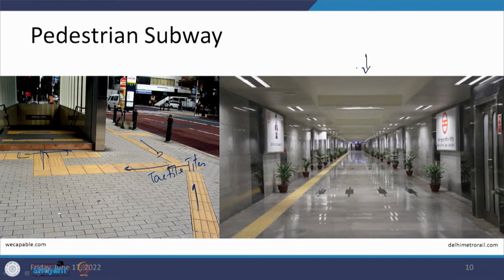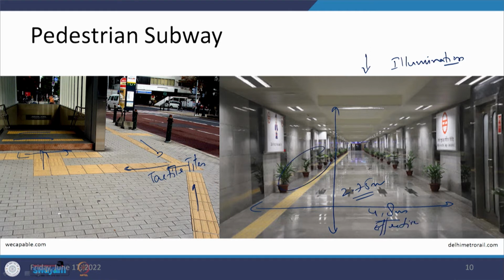Here what you can see in the another case is the good illumination, a totally lit area, and the height which is being provided, this height is minimum 2.75 meters, and this width is 4.8 meters, but this should be an effective value if some other things are also being provided.